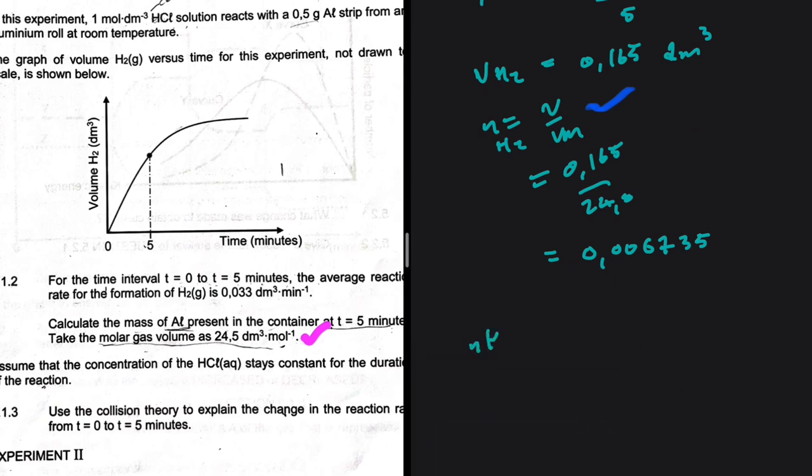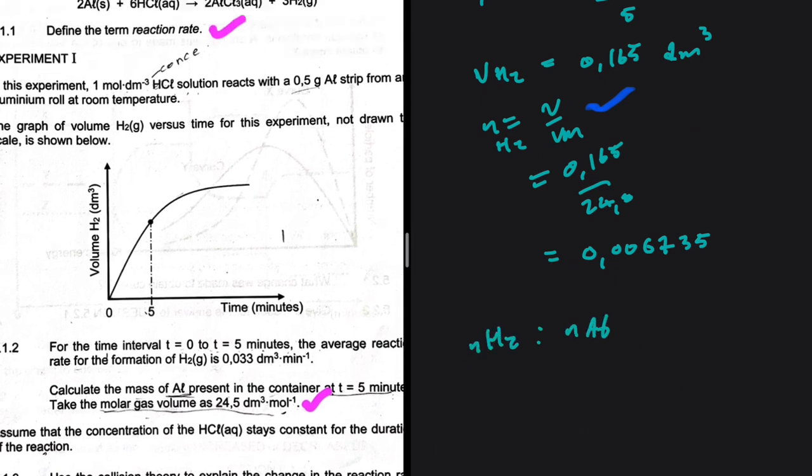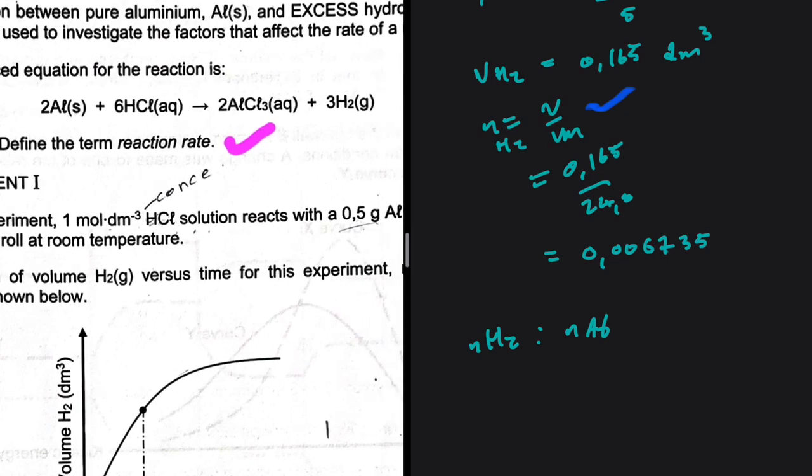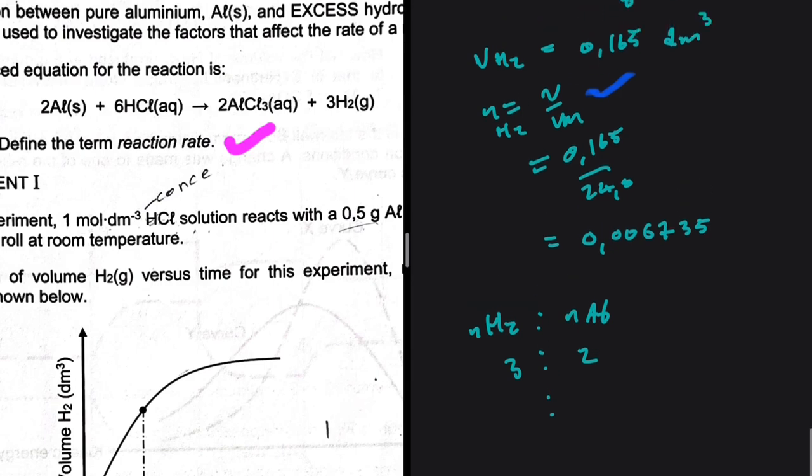So we're going to say number of moles of H2 is to number of moles of aluminium. So let's find the balancing coefficients. For H2, the balancing coefficient is 3, and for aluminium it is 2. We have found the number of moles of H2 to be 0.00675, and for the number of moles of aluminium, we can put X there and solve for X.